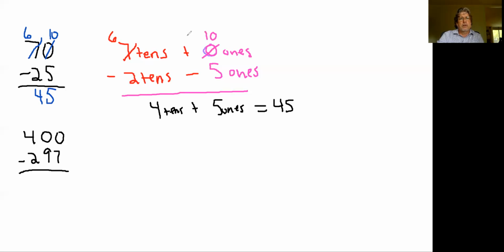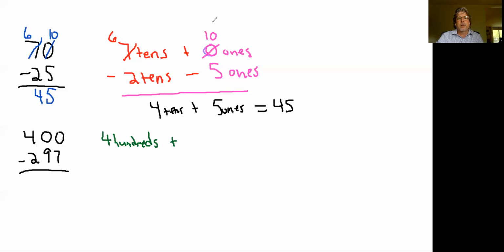So let's look at this next example. So I have 400 take away 297. So remember, the 4 means 400s. And then we're going to combine that with no tens.